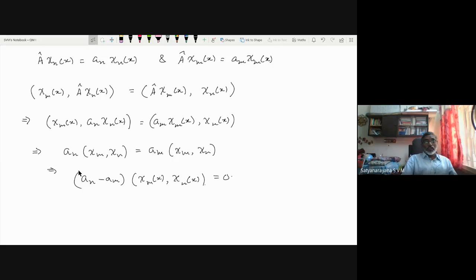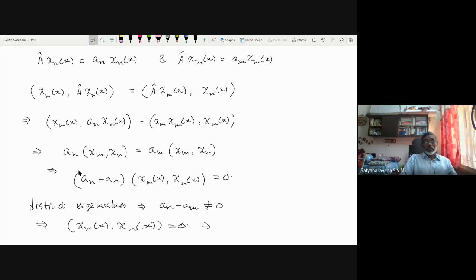Now, since we are talking about eigenfunctions corresponding to distinct eigenvalues, distinct eigenvalues implies a n minus a m is not equal to 0. So that implies the inner product of chi m of x comma chi n of x is equal to 0.